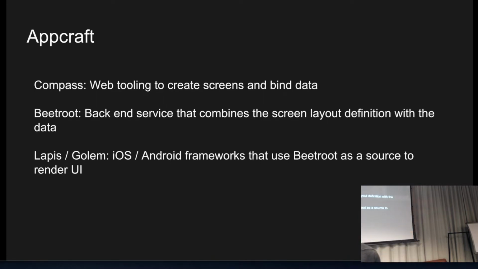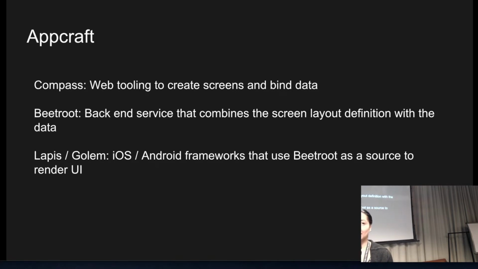So we decided to start with native and with this new project, which is AppCraft. And AppCraft is made up of different tools. For example, here I mentioned Compass, which is the web tooling we have, and is the one we use to create the screens and also to add data sources and bind data there. Beetroot is basically our backend services.